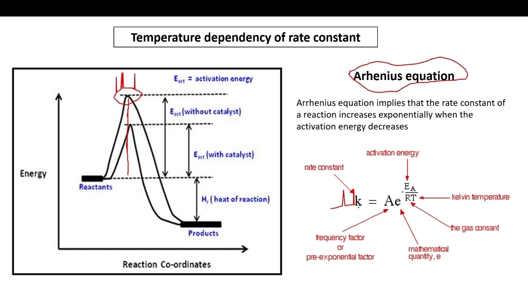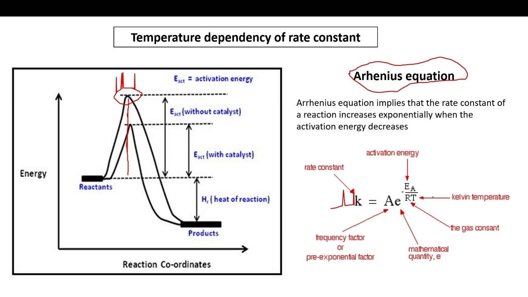So this is the equation where k is your rate constant, and A is the frequency factor, also called the pre-exponential factor, which determines what fraction of molecules will actually interact with one another to form the product. Now this small e is the exponential component, that is e to the power minus Ea by RT.